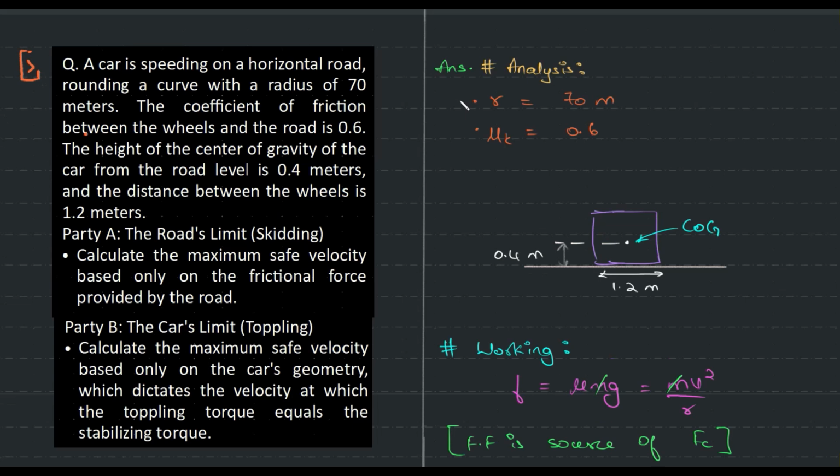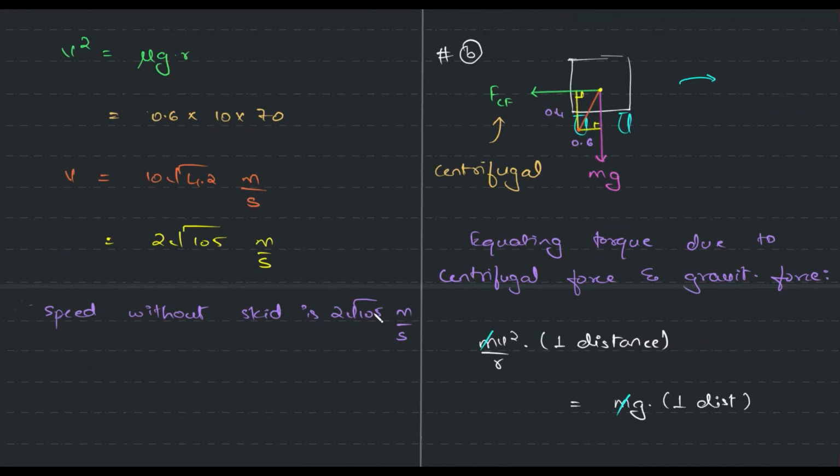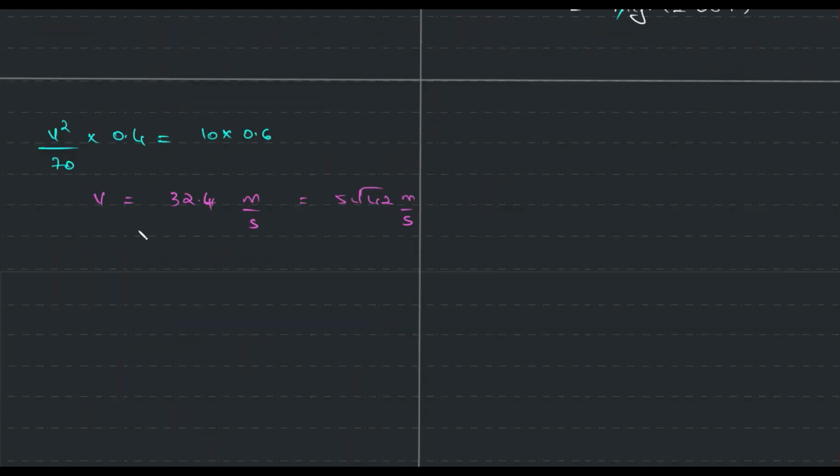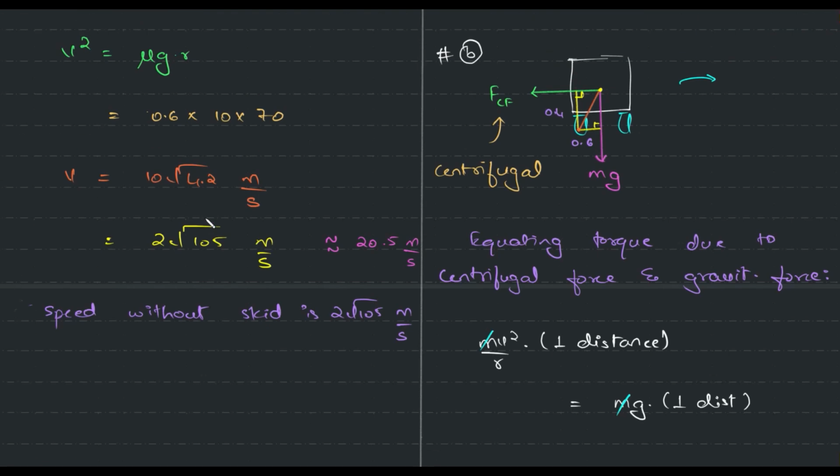This part of the question is not there, but will we skid first or topple first? So this answer is 2 root of 105. This is actually 20, approximately 20.5 meter per second. And this is 32. So yes, we will skid before we topple.